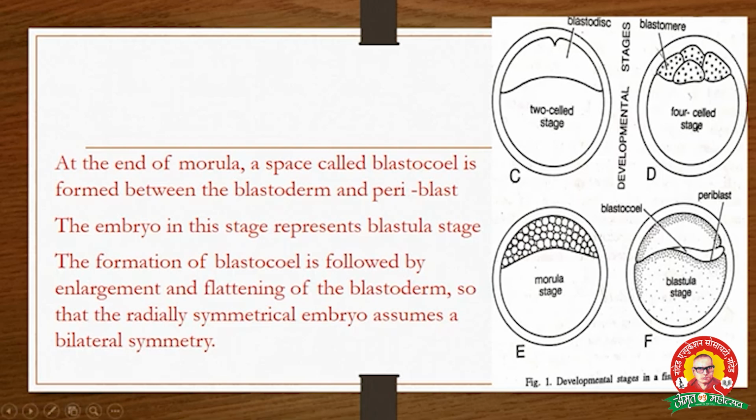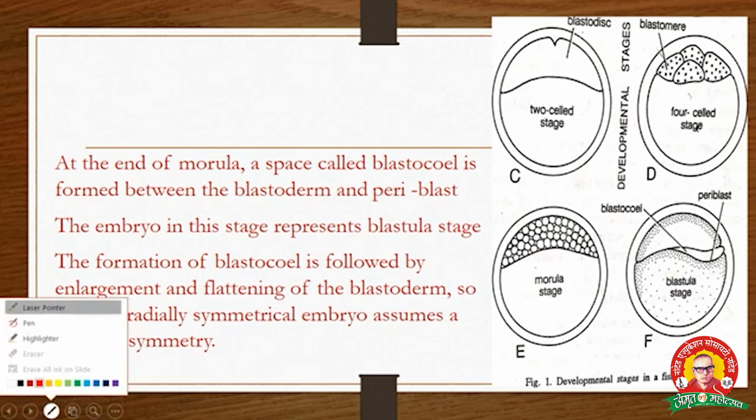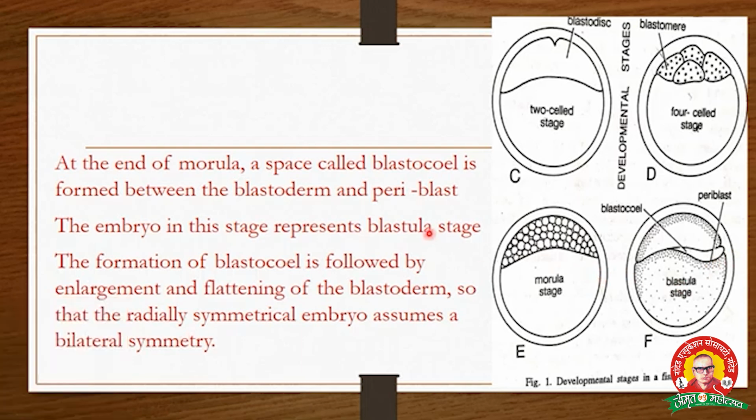At the end of the morula, as I already told, a space called the blastocoel is formed between the blastoderm and the periblast. Where is the blastocoel? Here, between the periblast and the blastocoel.